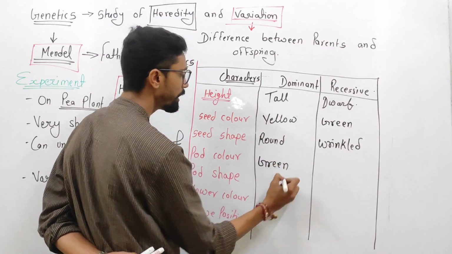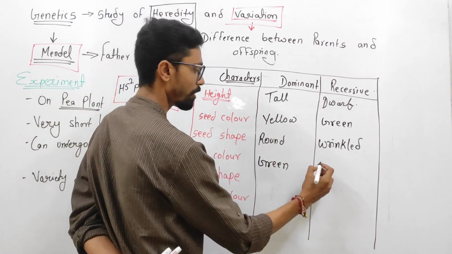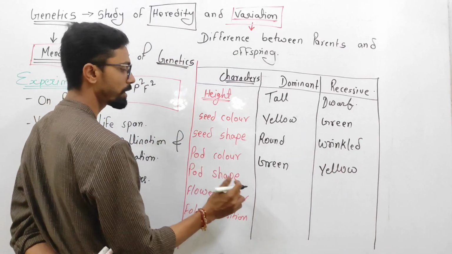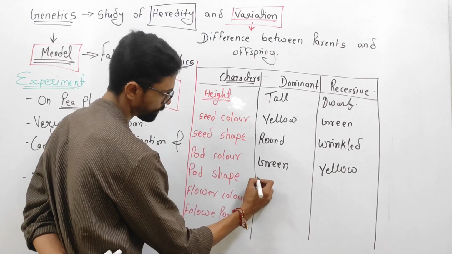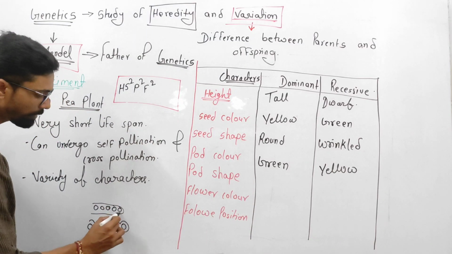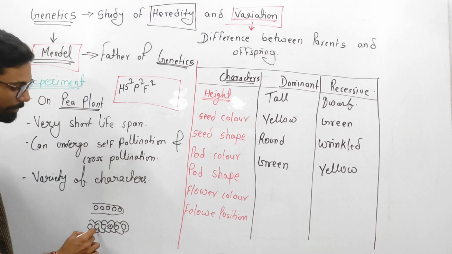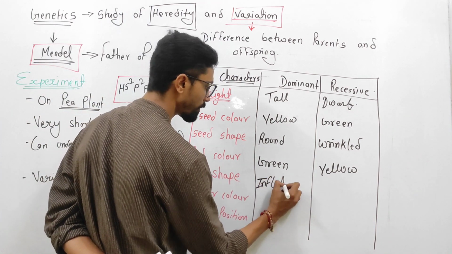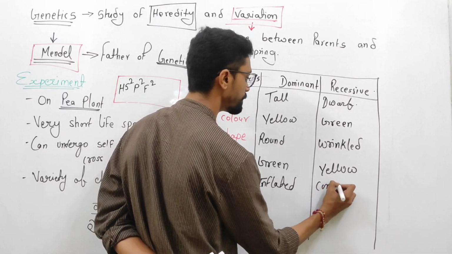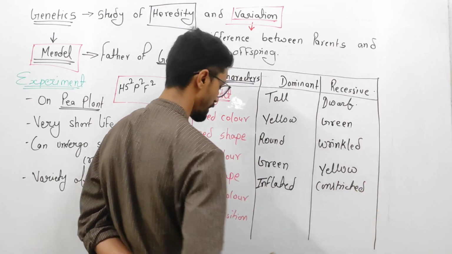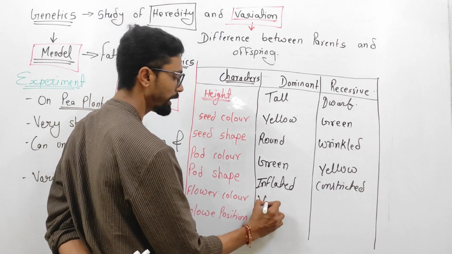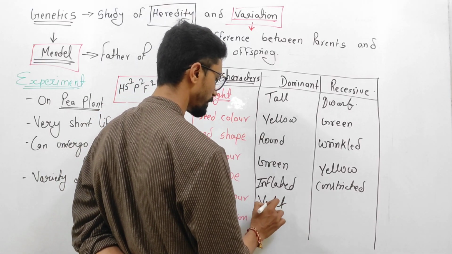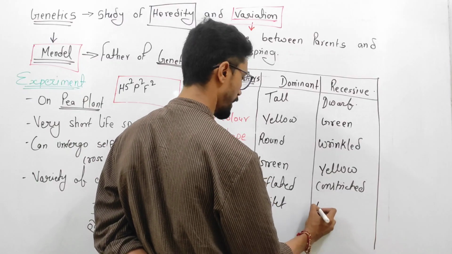Green is dominant and yellow is recessive. For pod shape, there are two different shapes: inflated or constricted. Along with that, flower color is violet and white.